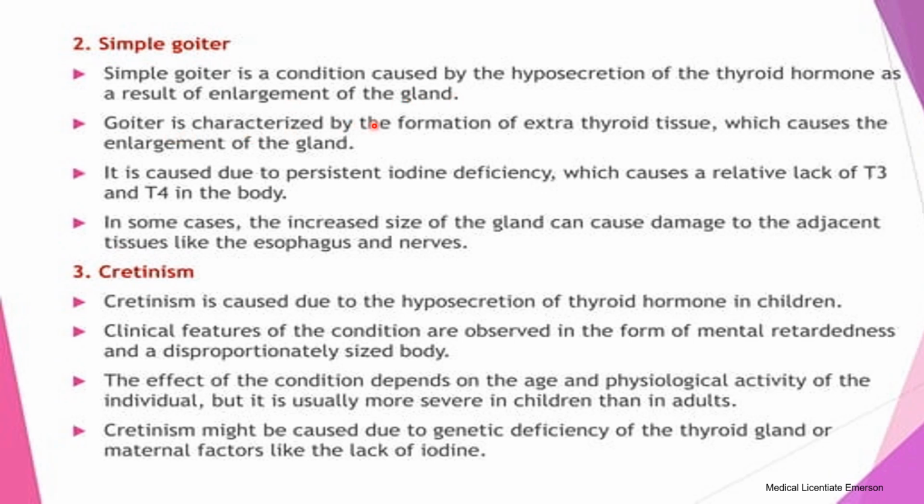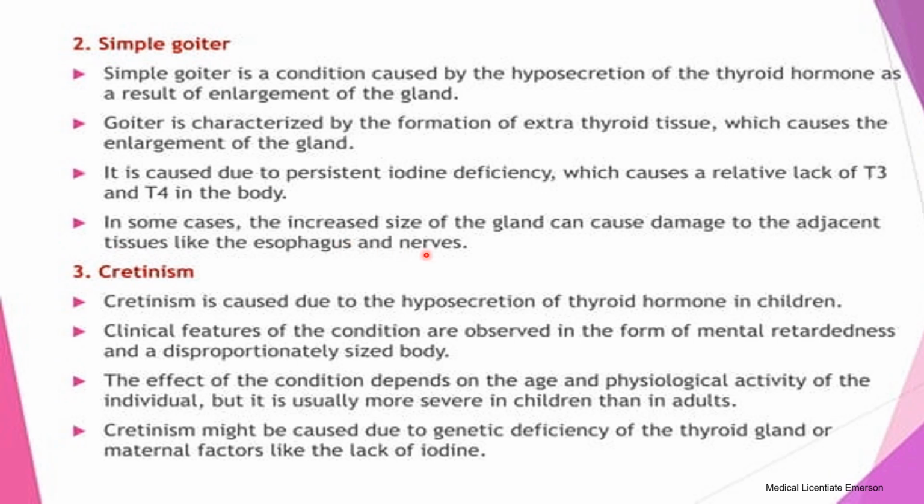The goiter is characterized by the formation of extrathyroid tissue, which causes the enlargement of the gland. It is caused by persistent iodine deficiency, which causes a relative lack of T3 and T4 in the body. In some cases, the increased size of the gland can cause damage to the adjacent tissues like the esophagus and the nerves.